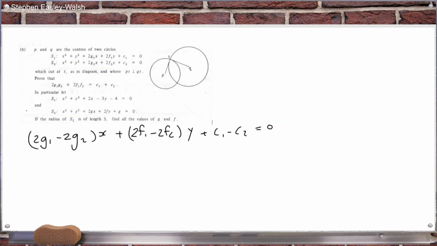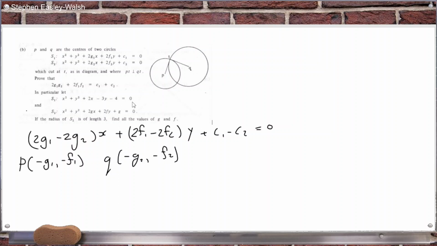Okay, the only other thing I can think of is if we just state what P and Q are. So P is minus G1, minus F1. Q is minus G2, minus F2.